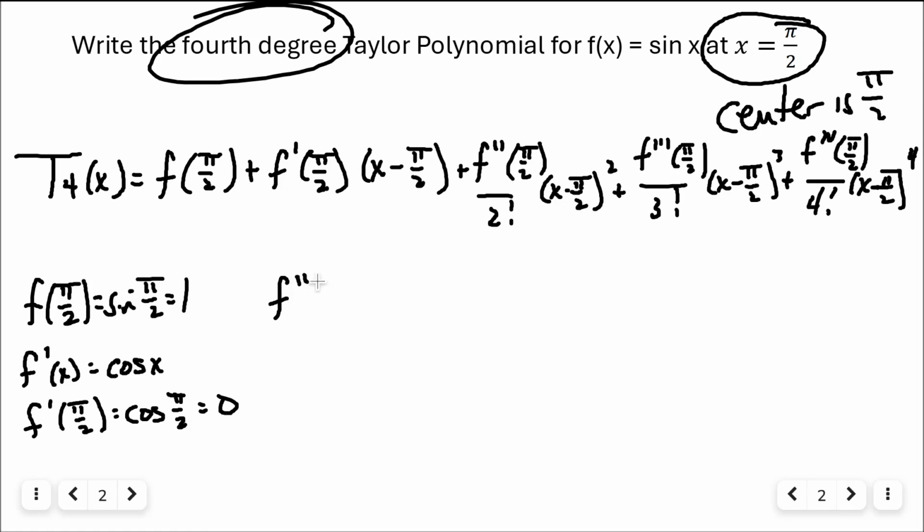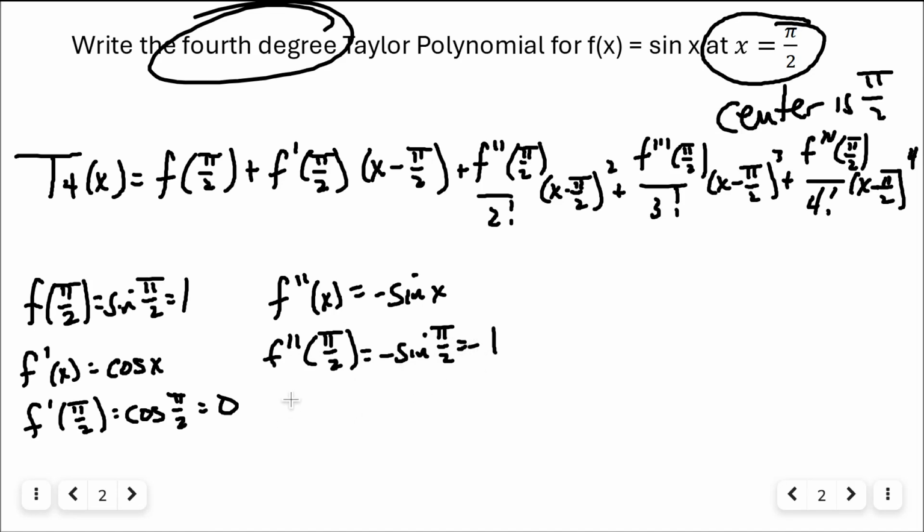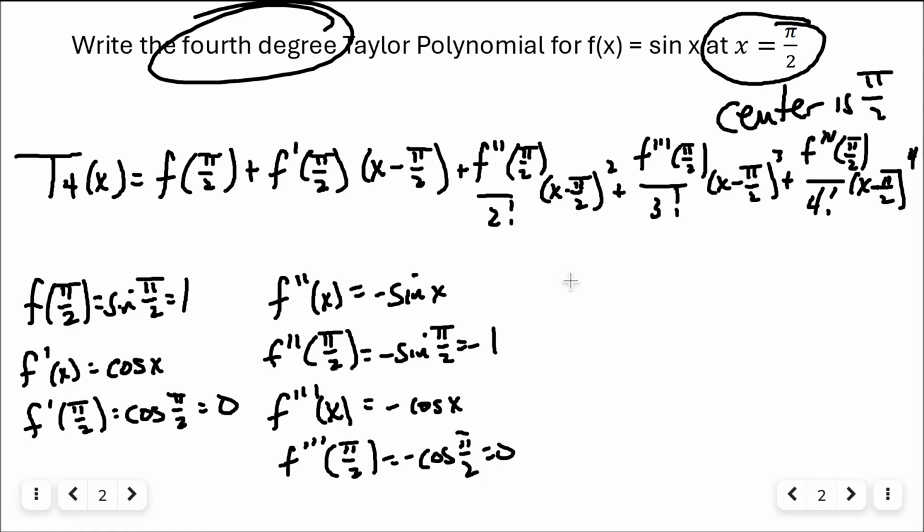Let's go to f double prime of x. F double prime of x is negative sine x. F double prime of pi over 2 is negative sine pi over 2, negative 1. F triple prime of x is negative cosine x. F triple prime of pi over 2 is negative cosine pi over 2, 0.